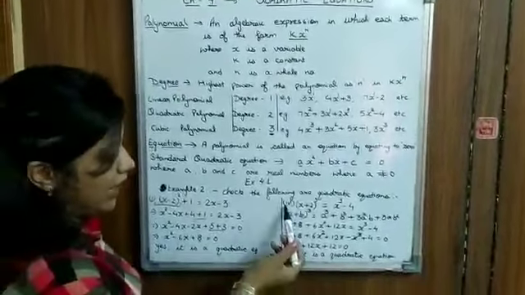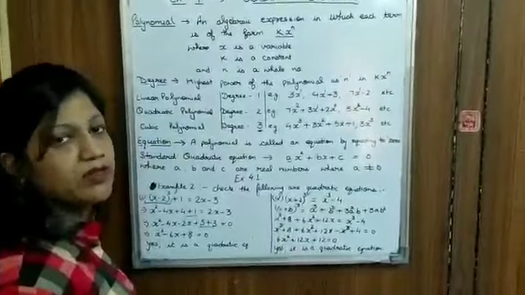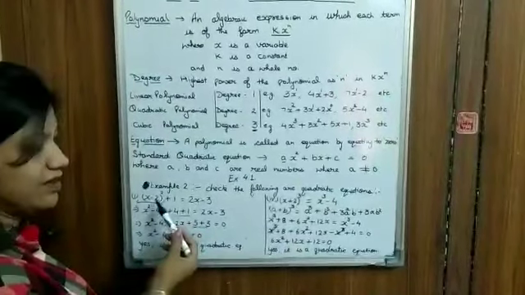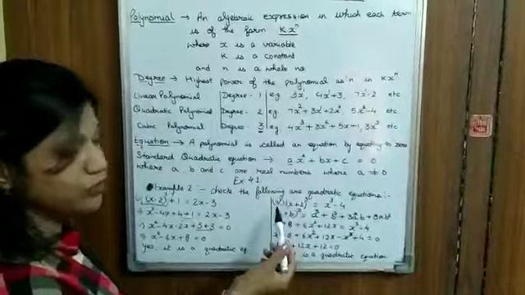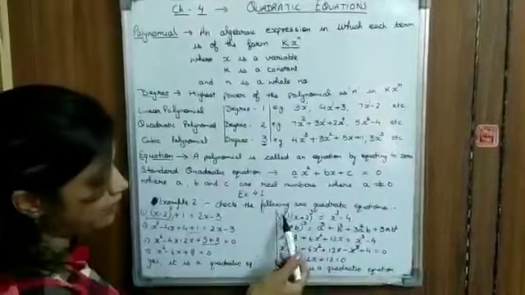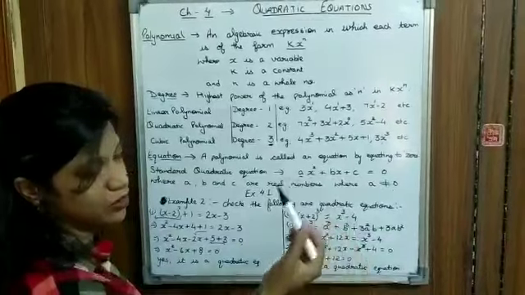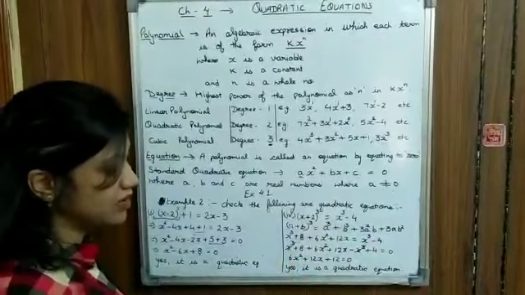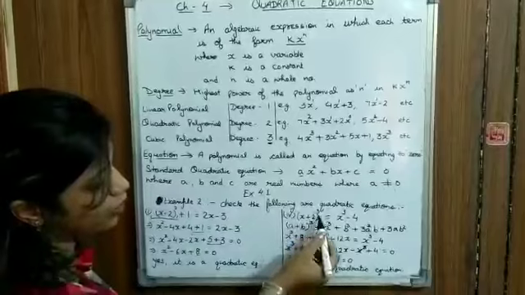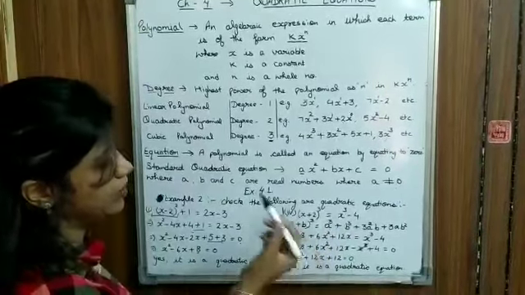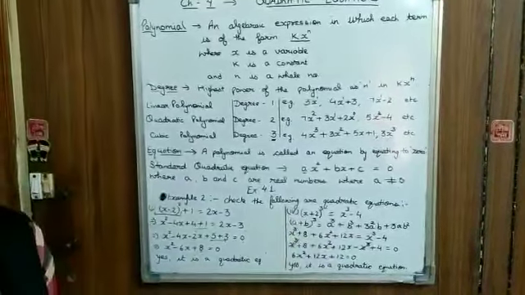Now, I am not taking the second and third example. They are very simple. You can easily do in the same way. I am going to take the part 4. The part 4 is x plus 2 whole cube is equal to x cube minus 4. Why I have taken this part? Because whole cube, I hope you remember the a plus b whole cube identity.